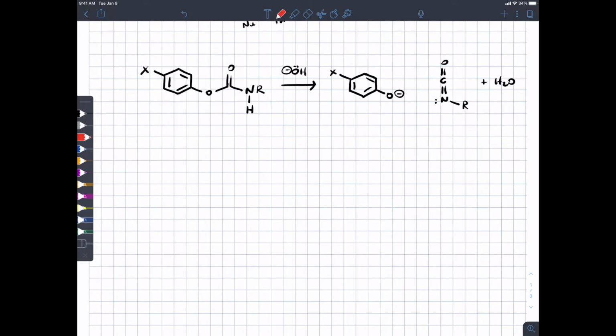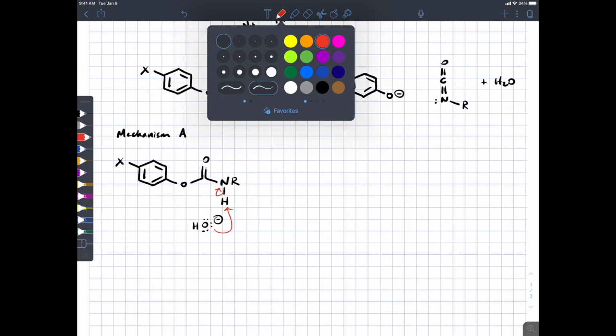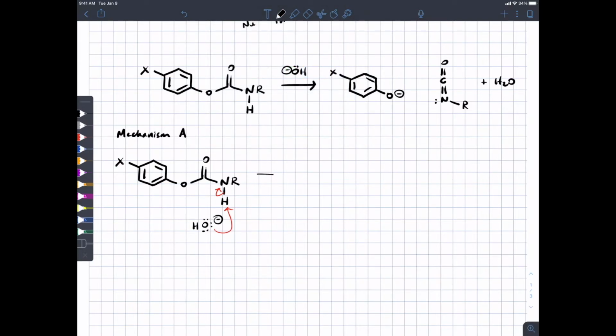So this is mechanism A, and mechanism A is for carbamates that have that proton. In a fast, probably pre-equilibrium step, you remove this proton from the carbamate nitrogen.